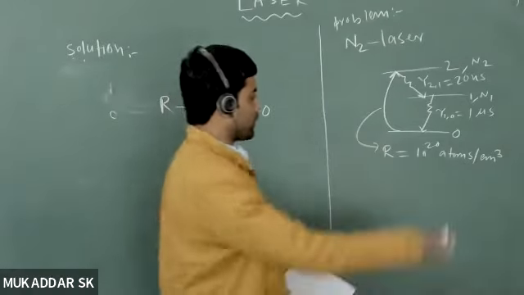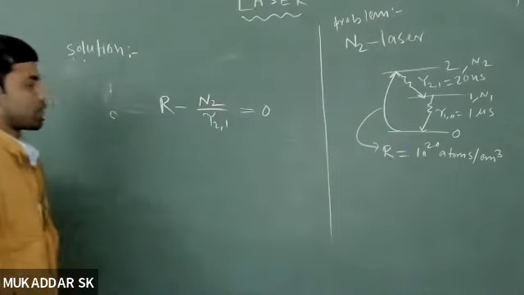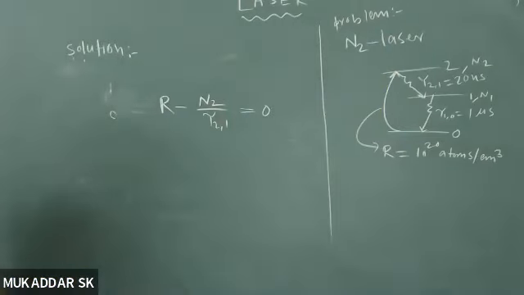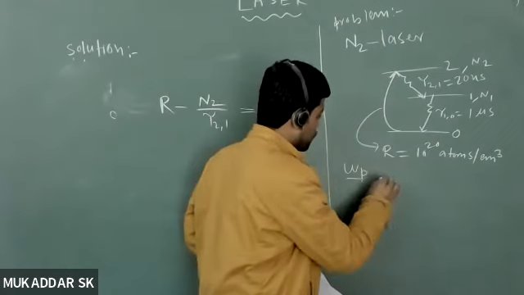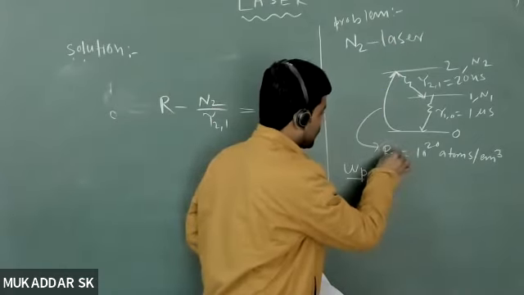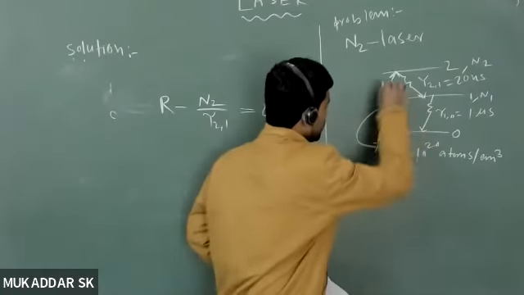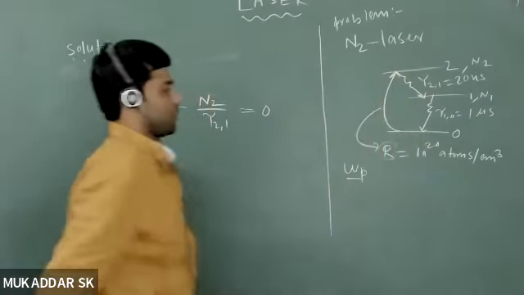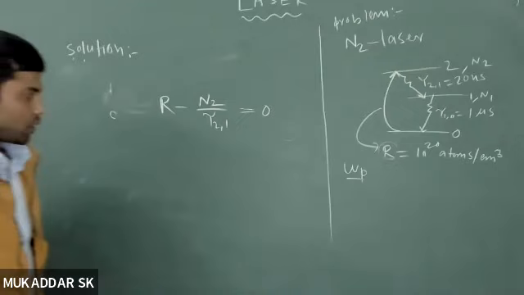I mean, per second how many atoms are being pumped. Please don't confuse it with WP. Here, R given to you means how many atoms per second are being pumped from here to level 2. Same as WP, na?